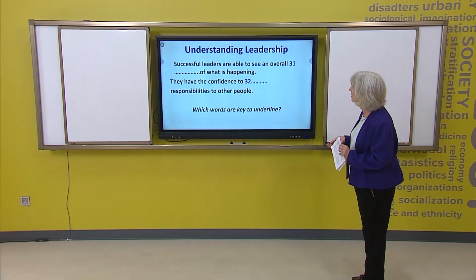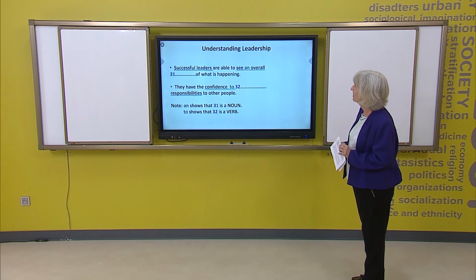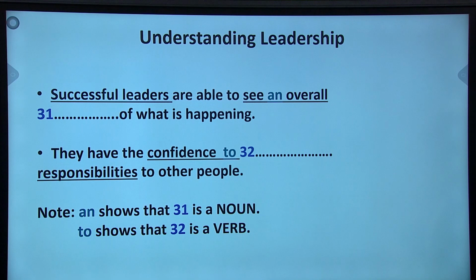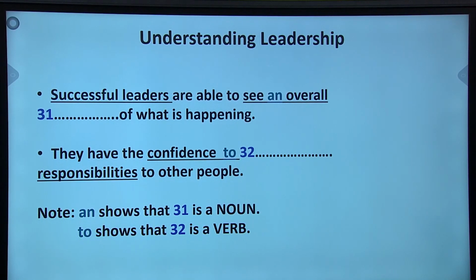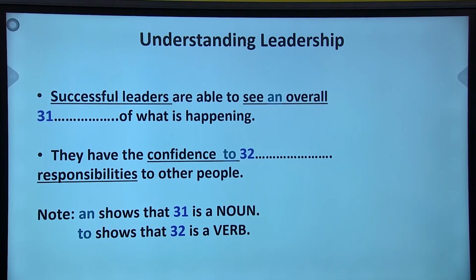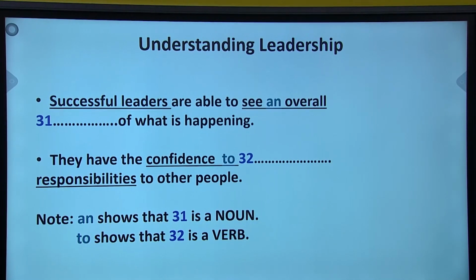Let's see if you agree. This is my idea. I would underline successful leaders, see an overall something. Those would be my keywords. They have the confidence to something, responsibilities. So confidence to responsibilities.